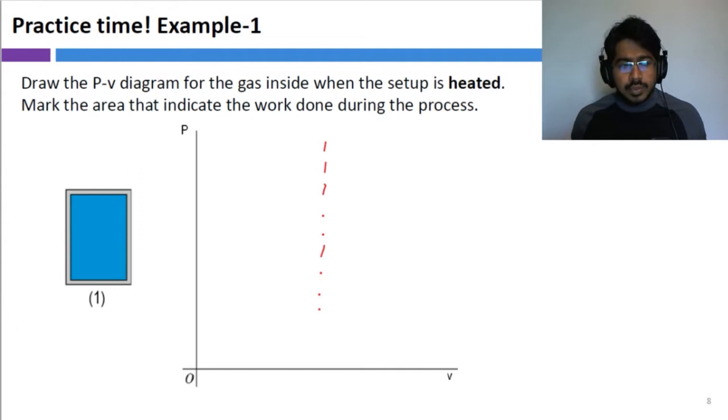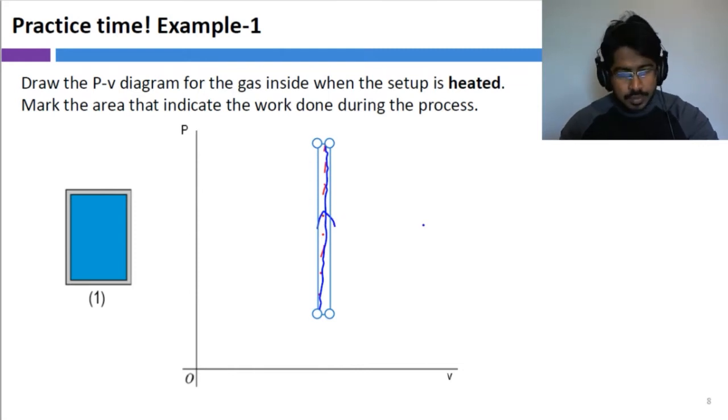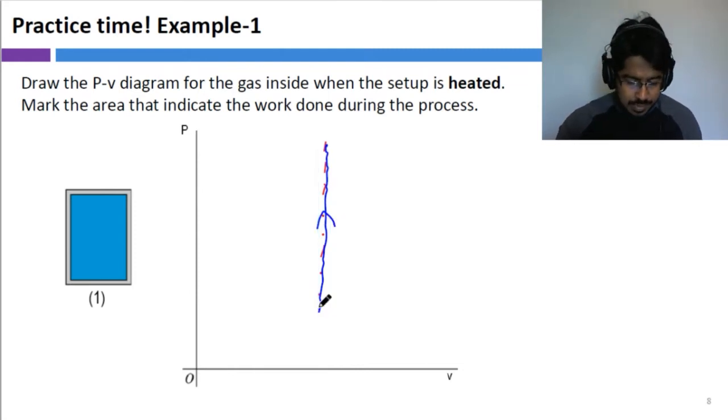When the substance tries to expand in a constrained space, then that builds pressure, right? So that means we are going upwards in this direction. So this is a vertical line. It looks like a worm or something, but it is supposed to be a vertical line, just a vertical line going up.